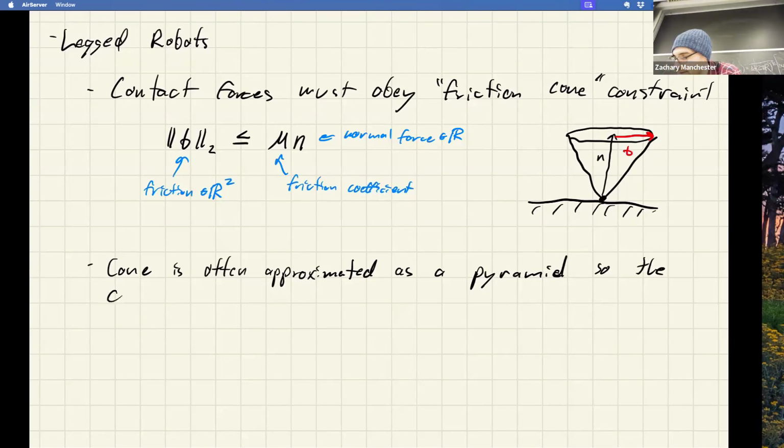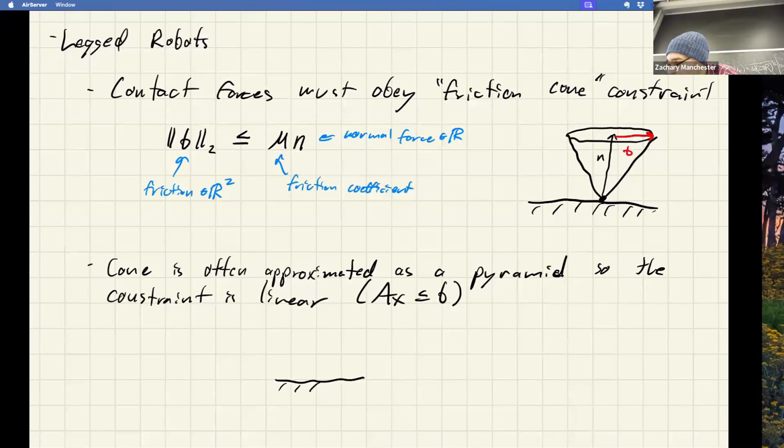So the constraint is linear. So then you can write it as Ax less than or equal to b. And now you've got a standard QP. You don't really need to do this. I think this is kind of a historical thing where 10 years ago, there weren't very good fast SOCP solvers, and QP solvers were kind of better. So people did this back then.